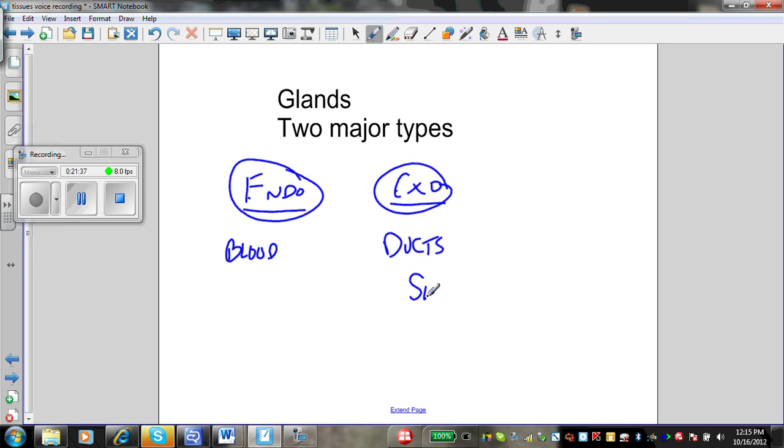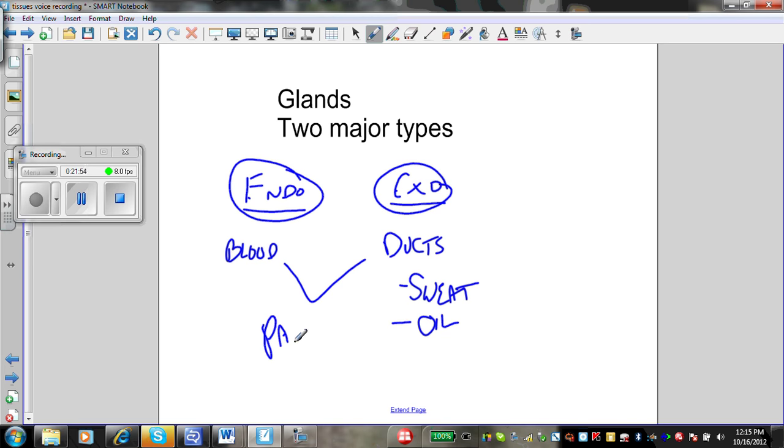So we're talking about sweat glands. We're talking about oil, sebaceous glands, things like that. Also, the pancreas is one of these dual glands. It actually has endocrine and exocrine properties.